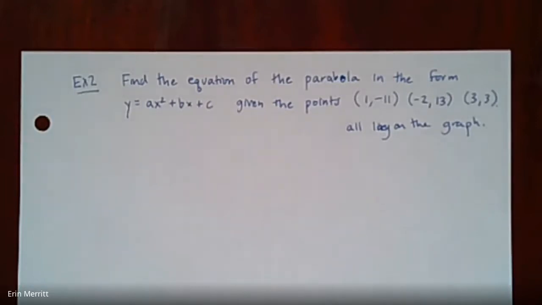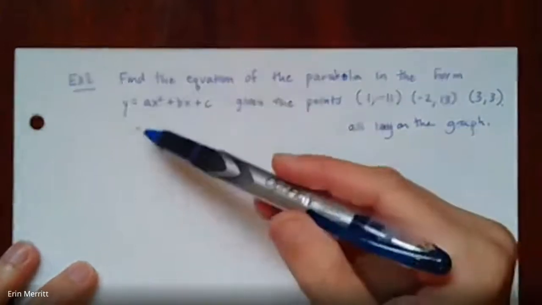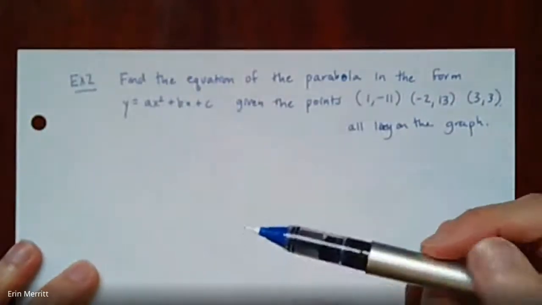Now, what we don't have to do is create what variables we're looking at. Because if I want the equation in this format, the variables that we need to come up with are A, B, and C themselves. All right.